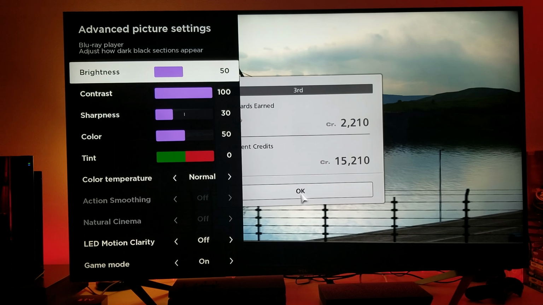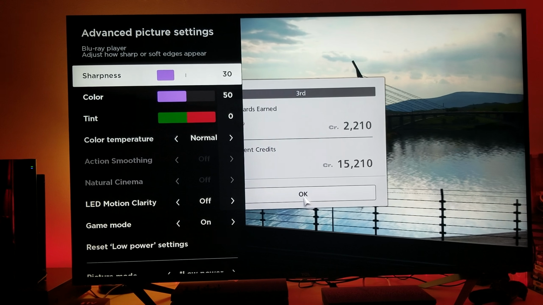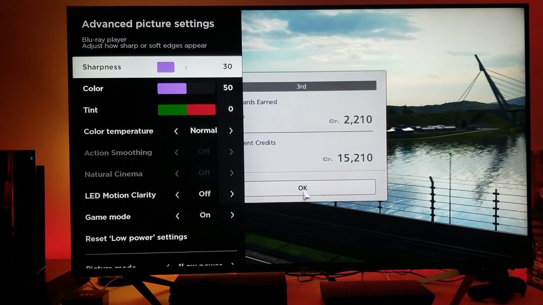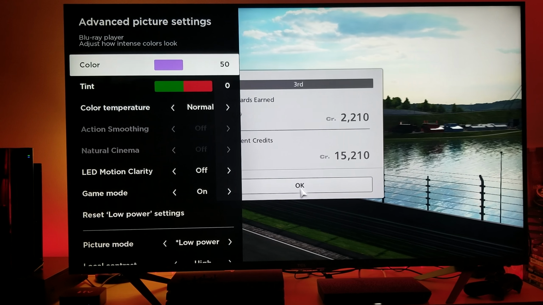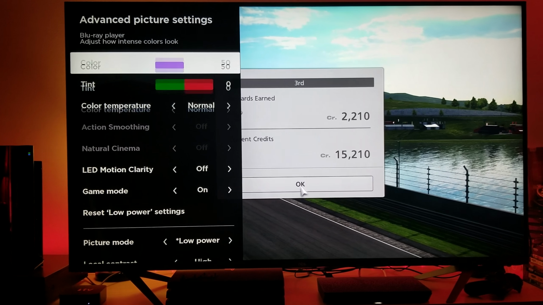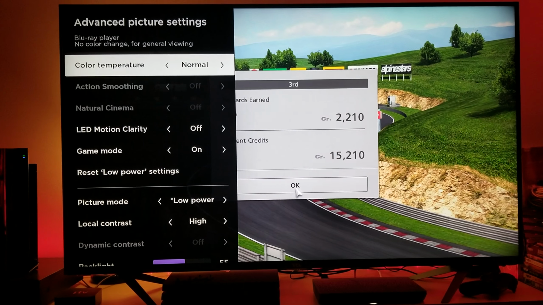So that way I left my contrast at 100%. Sharpness I left at a 30. And color temperature, it's set to normal, and color it's set to 50%. And I turned off all of these filters.